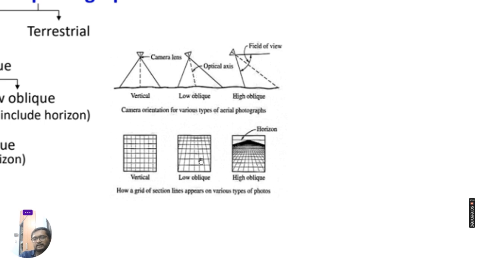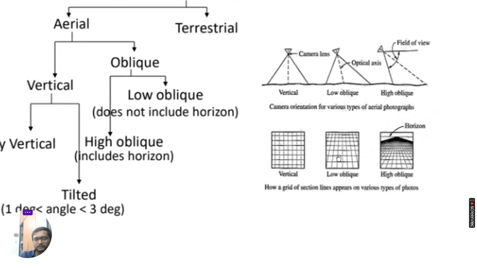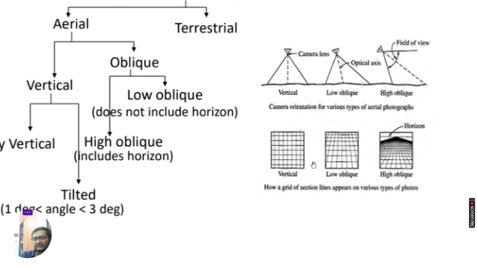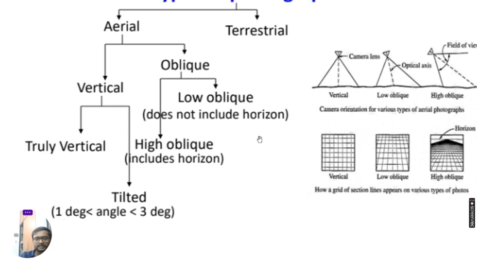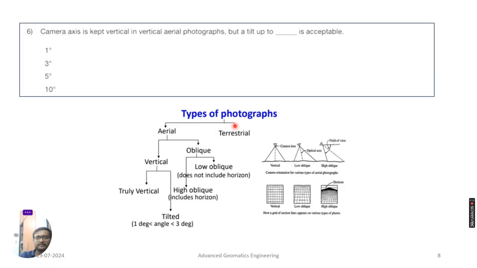Then we have low oblique, with very little tilt. Up to 3 degrees of tilt is acceptable, and vertical means exactly 90 degrees. How will your grid look if it is exactly 90 degrees and then a little tilt is there? Or how will you capture different parts of the terrain? Basically, photographs are divided into two parts, aerial and terrestrial.